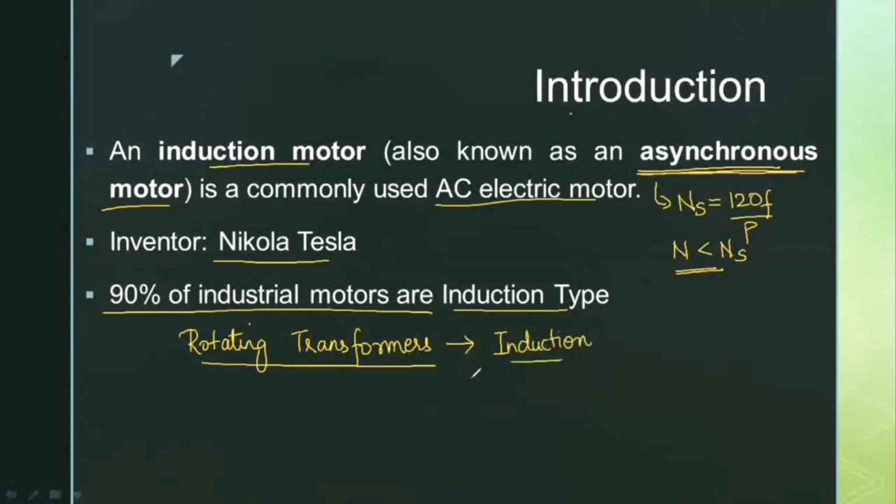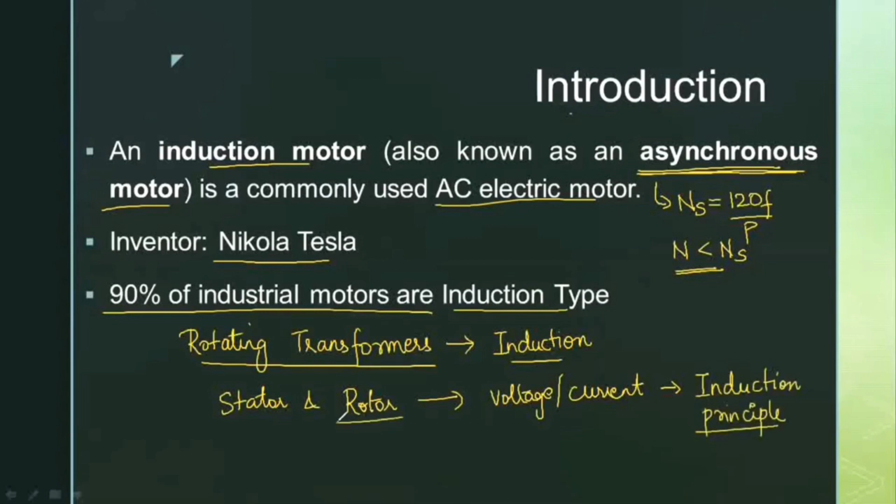In the case of an induction motor also, we have a stator, the stationary part, and a rotor, the rotating part of the induction motor. Here also the voltage or current induced in the rotor is through the induction principle.